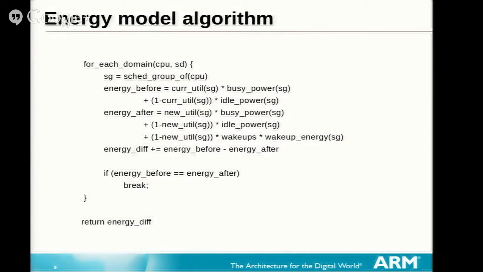The more difficult bit is to characterize the C states, because for the C states, you need to sort of trick your platform into various combinations of C states, such that you can actually derive what is the energy consumption of the CPUs and the clusters.